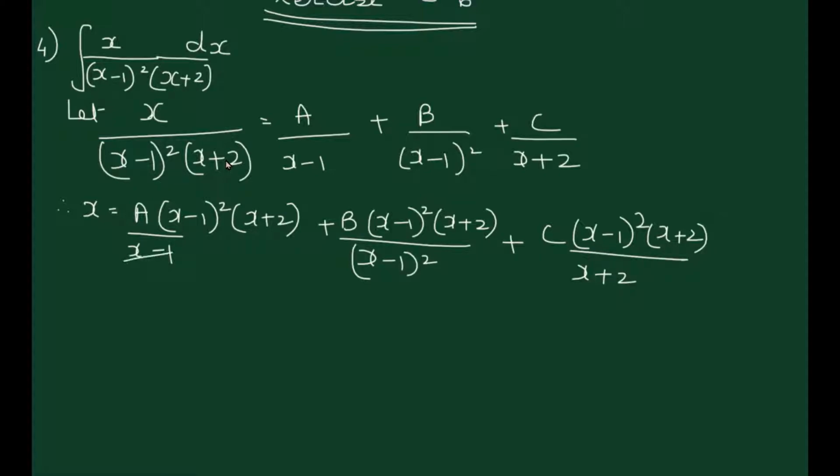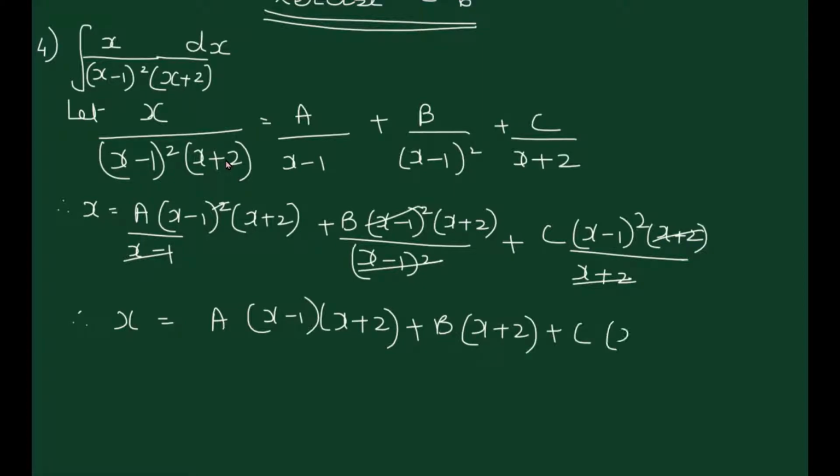Upon doing this, now we cancel out whatever is common in the numerator and denominator in each term, and therefore we get x is equal to a into (x minus 1)(x plus 2) plus b into (x plus 2) plus c into (x minus 1) the whole square.